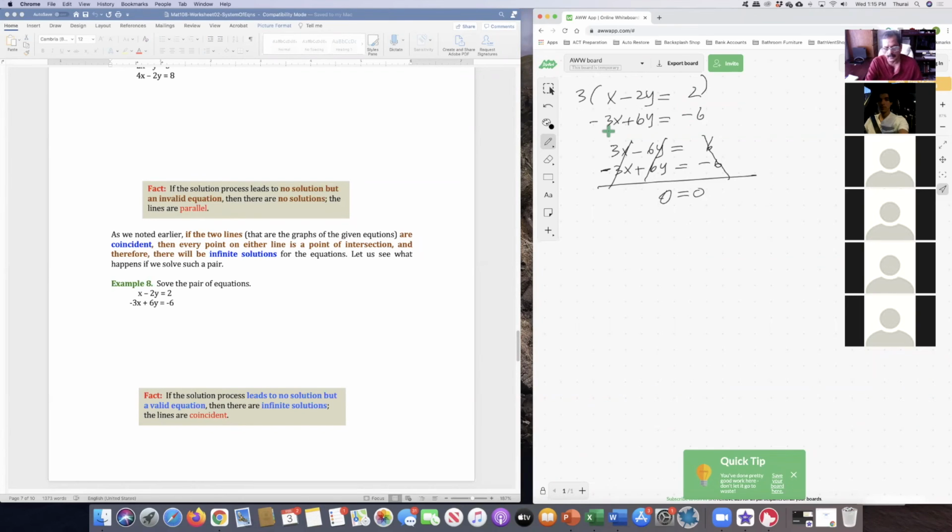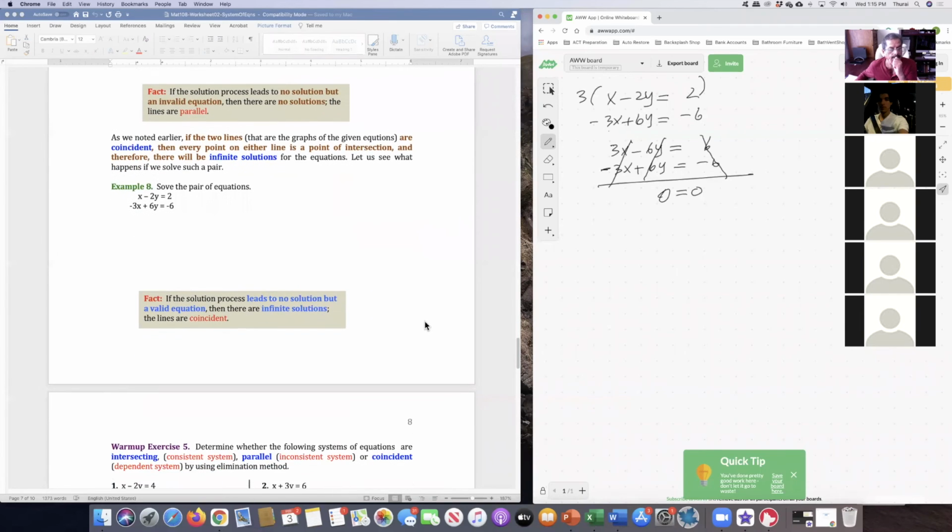That's what happens when they are coincident. The equations are essentially identical. One is a multiple of the other. Some number times the first equation is equal to the second equation. That's when they are coincident. So sometimes you can recognize it just by looking at it. Okay, so the system is coincident.